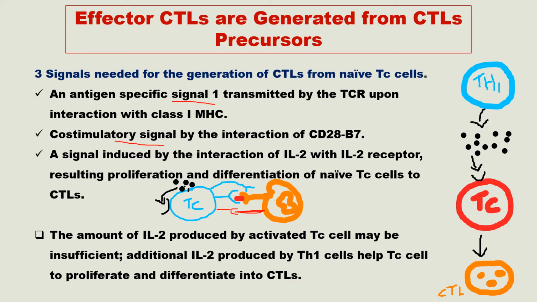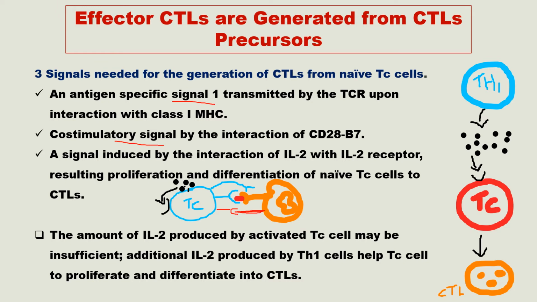That results in proliferation and differentiation of naive TC cells to cytotoxic T lymphocytes, or effector TC cells. But the amount of interleukin 2 produced by the activated TC cell may be insufficient. Additional interleukin 2 produced by Th1 cells helps the TC cell to proliferate and differentiate into cytotoxic T lymphocytes.